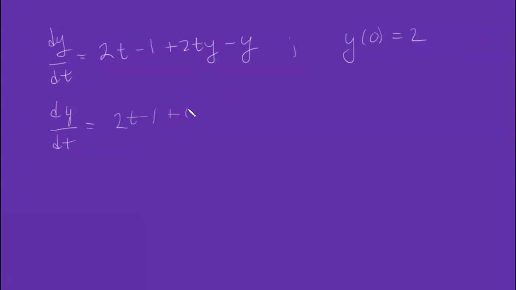So I'm going to factor out that y. We have a 2t minus 1 here, and then a 2t minus 1 here as well. And so in this problem, those are now factors in both of these.